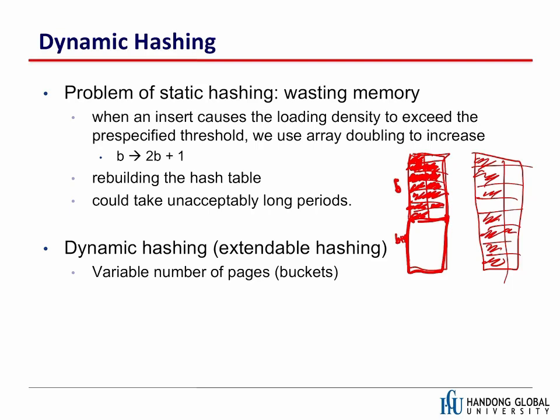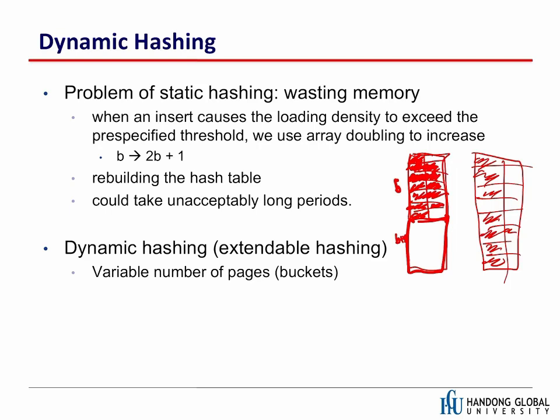Is that the best thing that we can get? No, we can get a better one. If the number of identifiers is limited, like a couple of hundreds or thousands, then that's totally fine. But if you have a lot of identifiers, then the memory issue is a big deal.